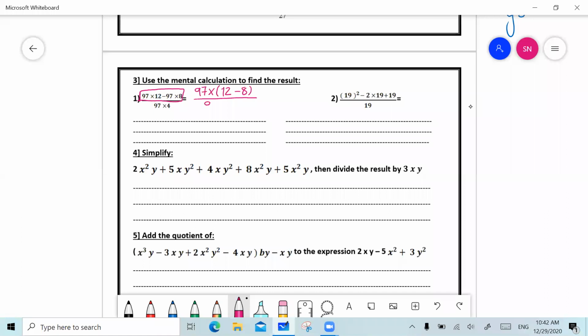And my denominator is 97 times 4. So now I will have 97 times 12 minus 8, this is equal to 4, over 97 times 4. So here my answer is equal to 1.